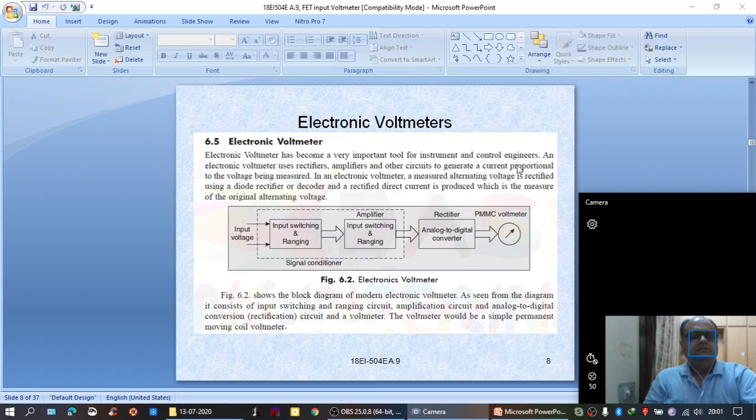Measuring can be done only on a display once the driver observes the speed on a display device. Then only, observing the displayed value of speed, he can make the decision whether to increase or decrease. That is the control part.